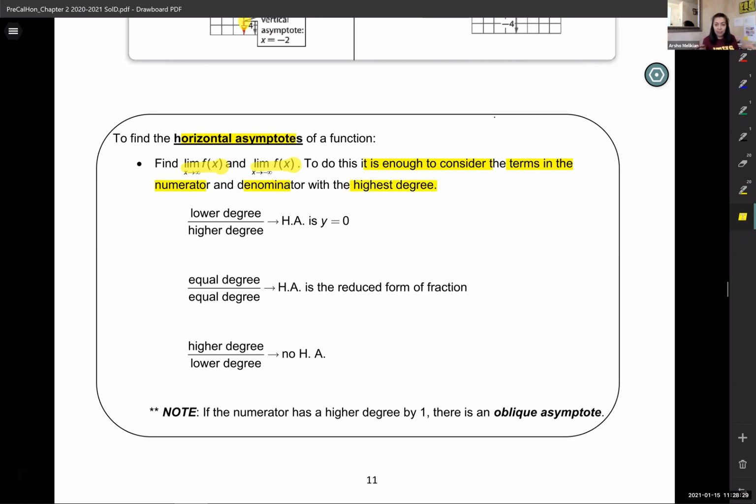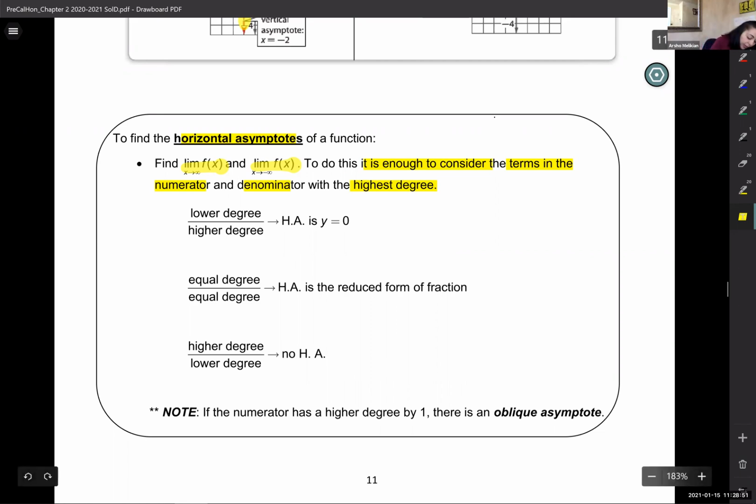That's it. And so now, to find horizontal asymptotes, it becomes very, very straightforward. All you do is look at the top, take the leading term, look at the bottom, take the leading term, and you compare them. And then there are three cases, three situations.